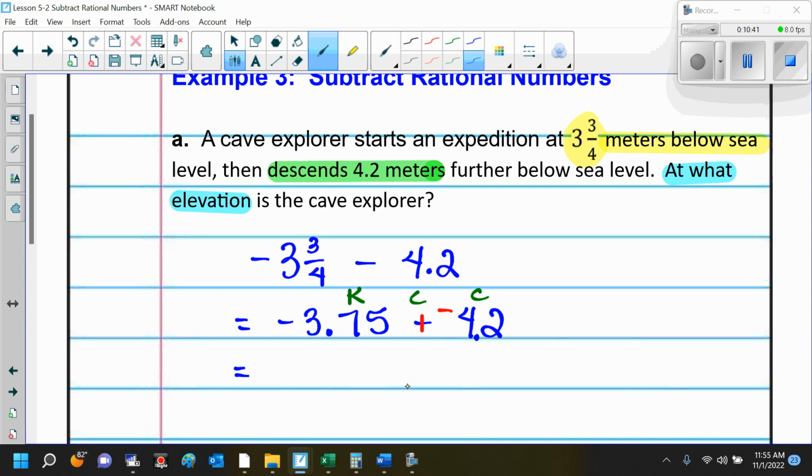Remember, same sign, add, keep the same sign. So it is going to be a negative. And when you add, what did you get? 7.95. Negative, very good, negative 7.95. And the label, of course, is meters.